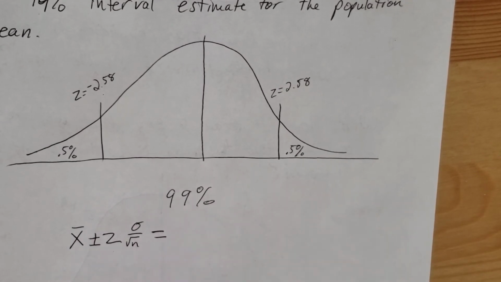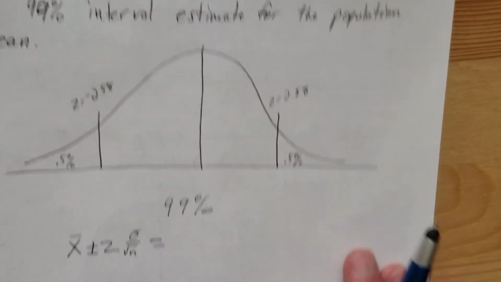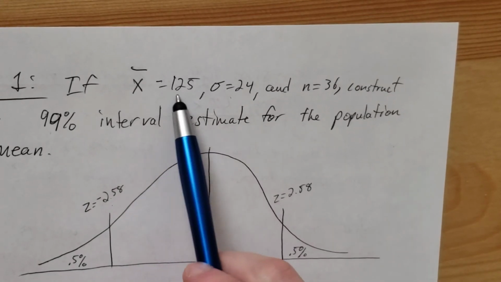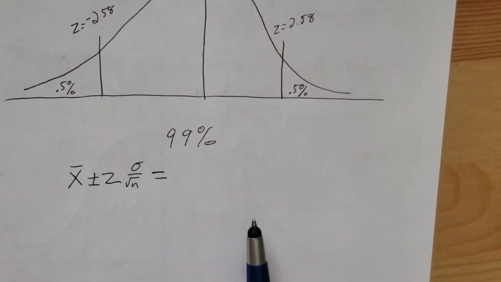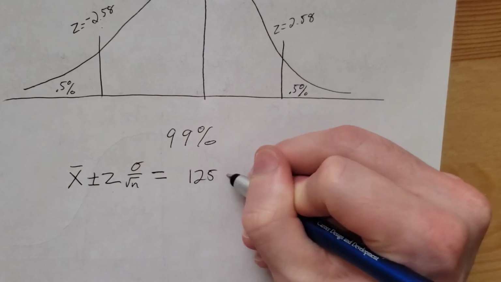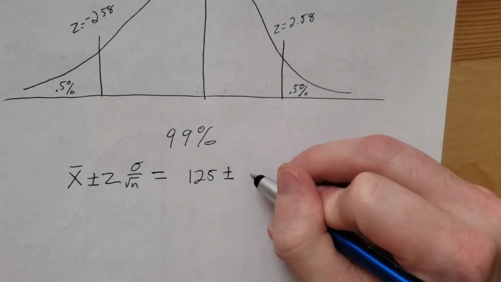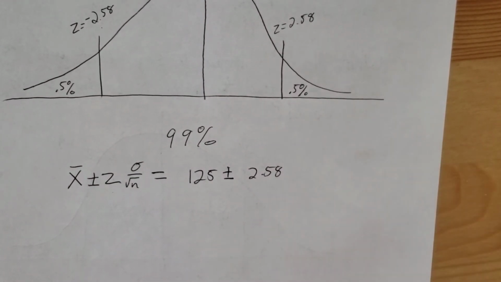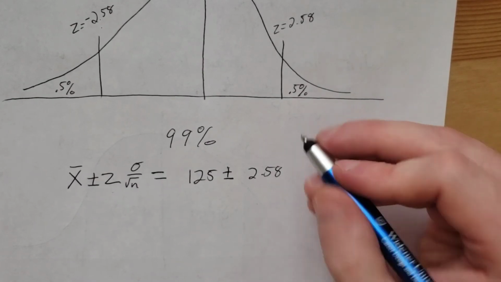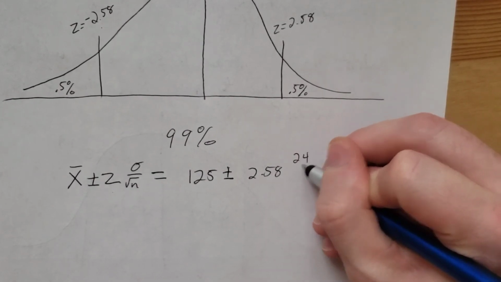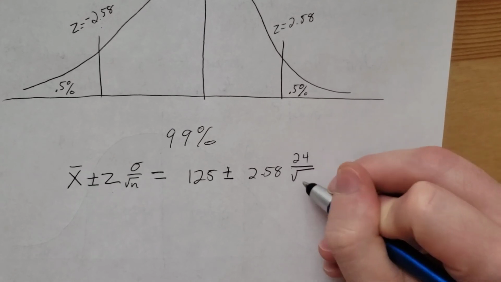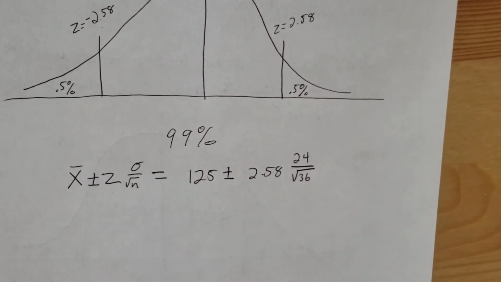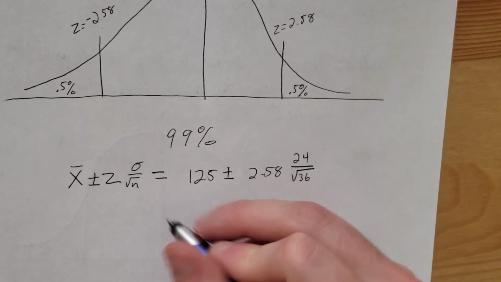So this is really equal to x bar, in the problem 125, so we get 125 plus or minus 2.58 times sigma, which we were given as 24, all over the square root of the sample size, which was 36.